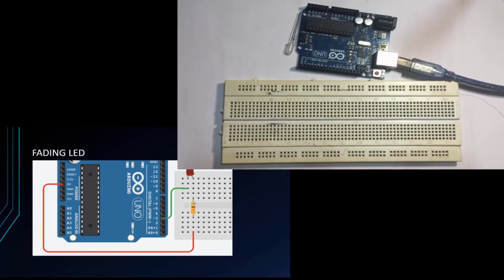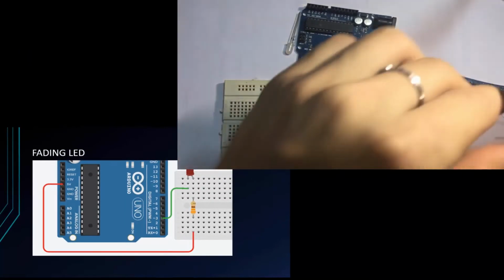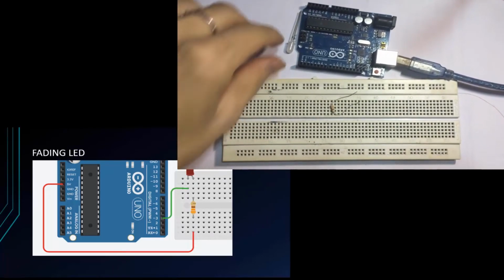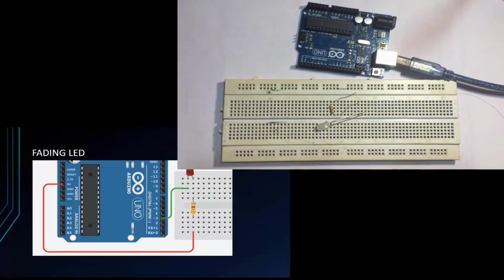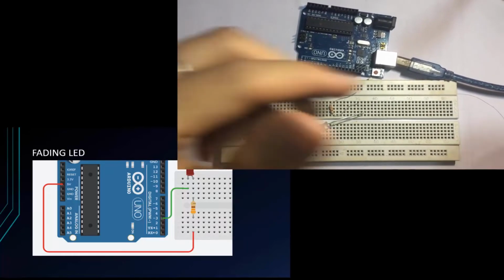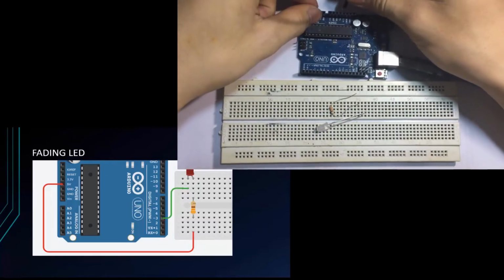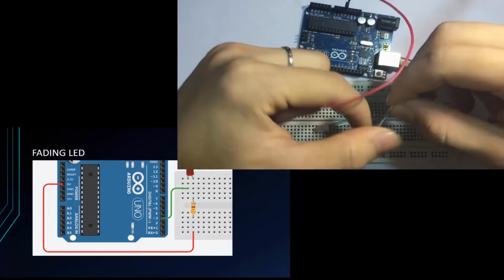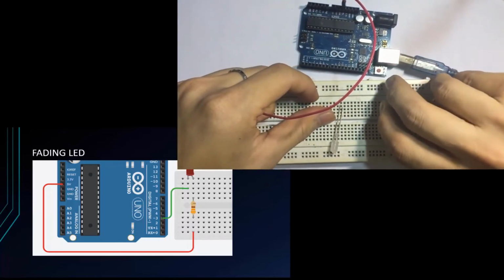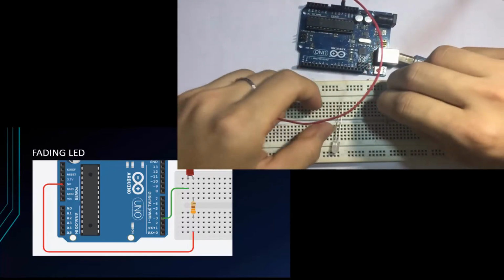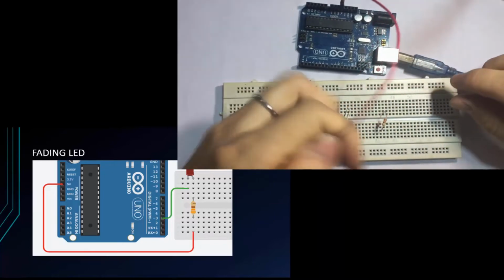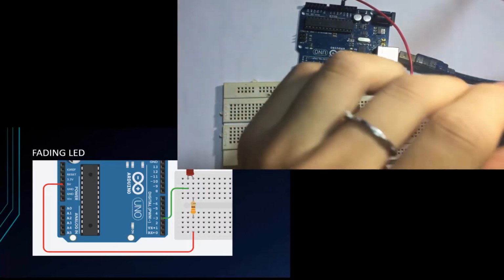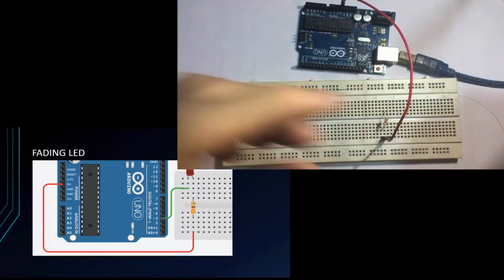Okay, now let's check the circuit. I have a 330 resistor, LED, and some wire. I will use red wire for 5 voltage. 5 voltage to resistor, and then connect to anode pin.